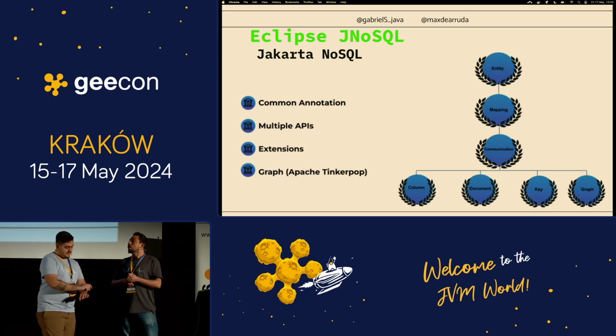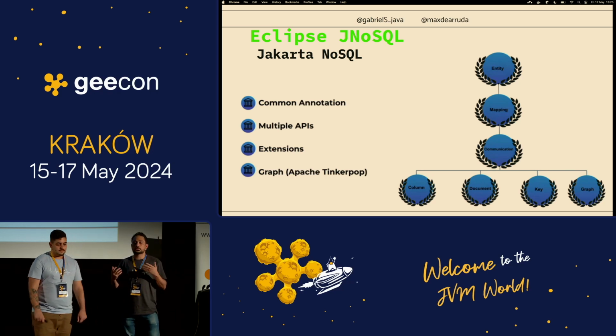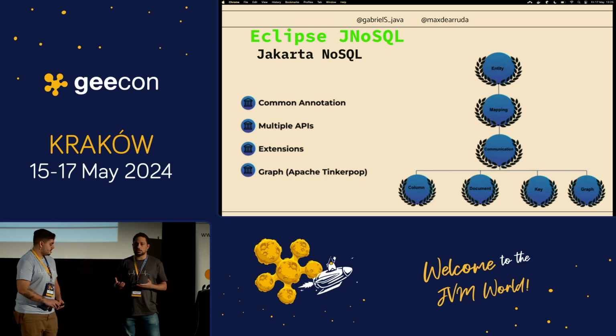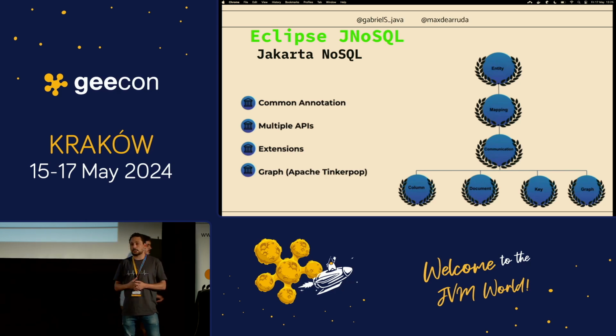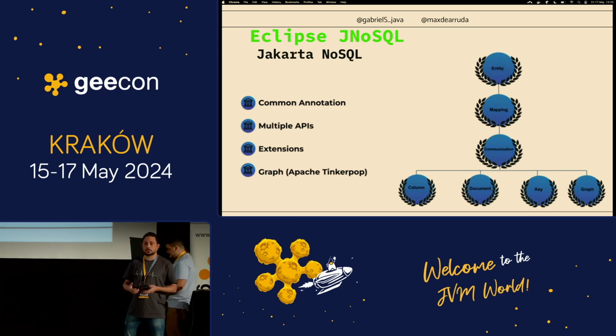But the graph? Talking to Otávio, one of the leaders of this specification, the problem is that it is so hard to find a canonical way to work with those technologies. But graph is something that we feel is valuable to the community.